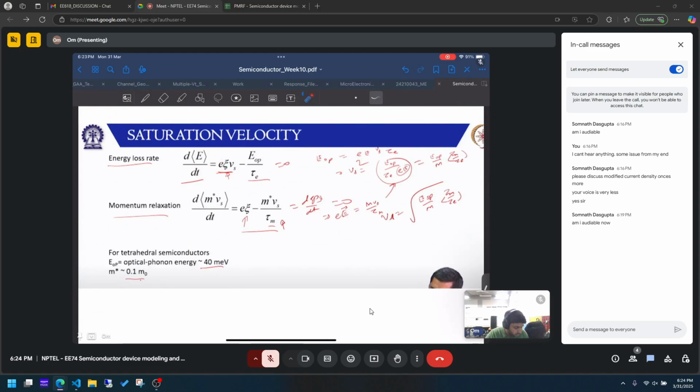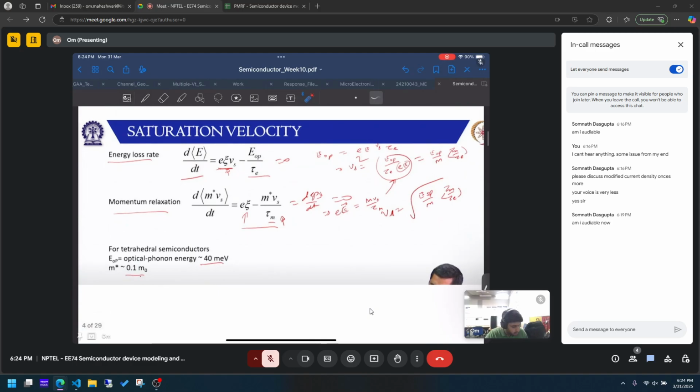So it is the force it is facing minus the energy it is losing due to the scattering with the phonons. Under steady state, the energy gained by the electron and the energy lost by the electron would be the same, so this would be zero.